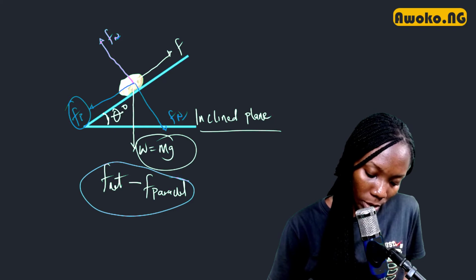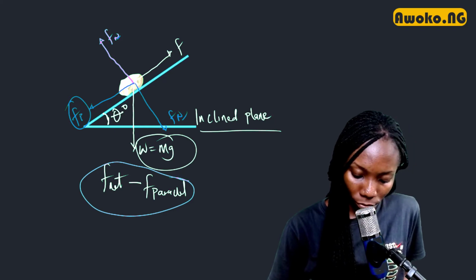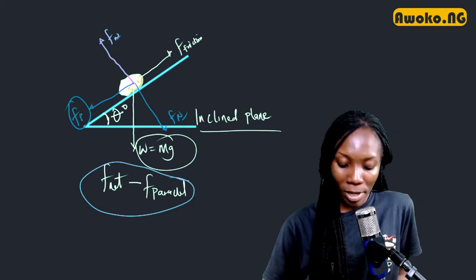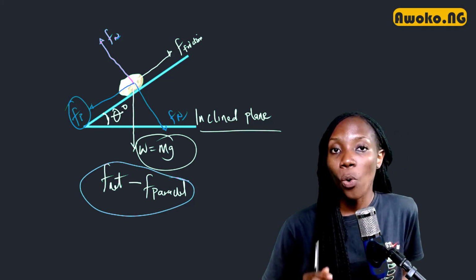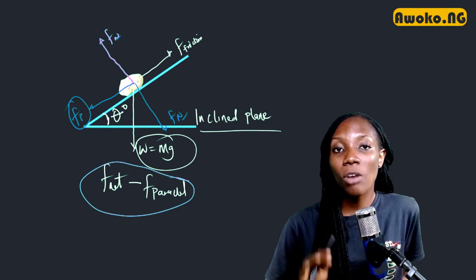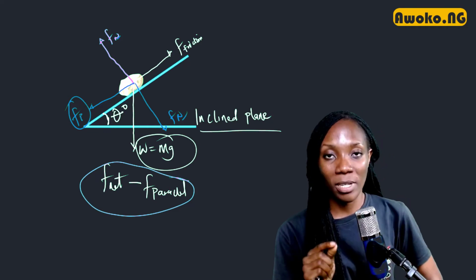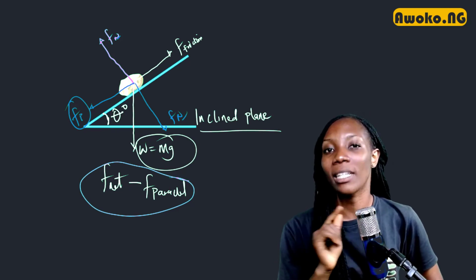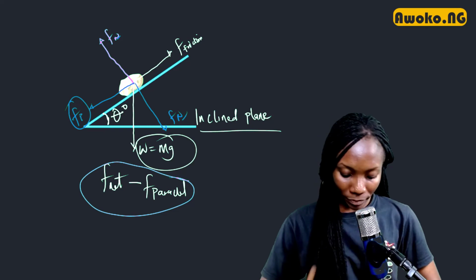Okay, so this becomes our F friction. And so it must be considered when determining the net force, which is the sum of the individual forces acting on the object positioned on that inclined plane. All right?